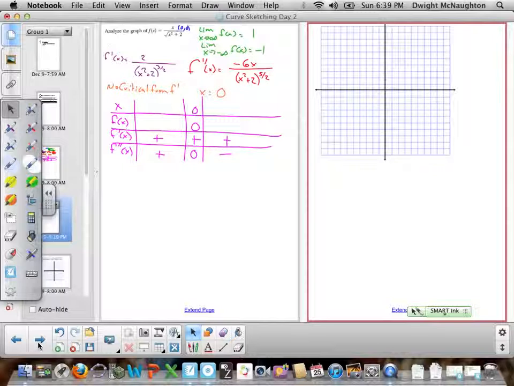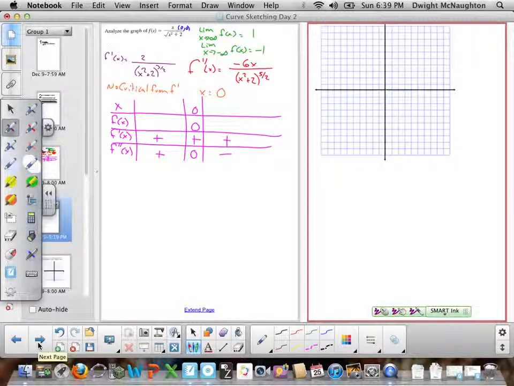So we'll start by drawing in our asymptotes. As we approach infinity, we approach 1. I'm going to scale this to be 0.25 so that we've got a little bit more information as we look at this.